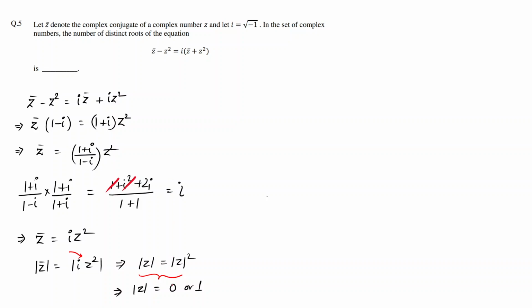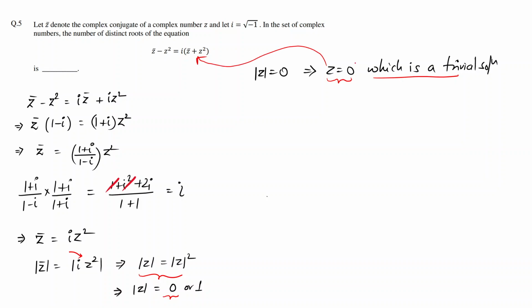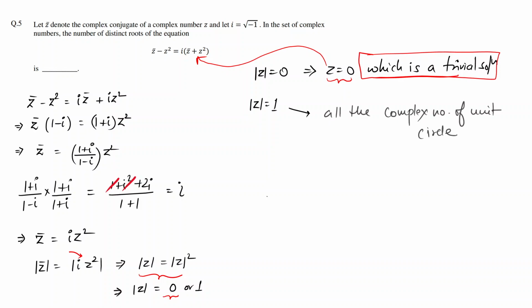And if mod of z is 0, then z is equal to 0, and it actually satisfies this equation. You can put it here, it will satisfy, of course. So this is a trivial solution. So you have got one solution, but the other solutions have mod z equal to 1, right? So all the complex numbers on the unit circle.